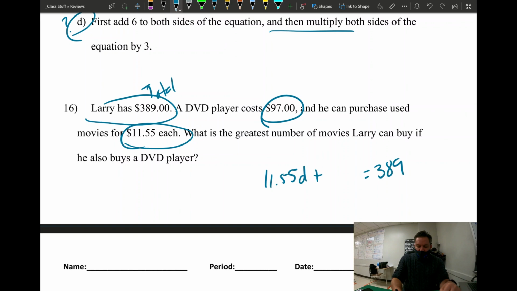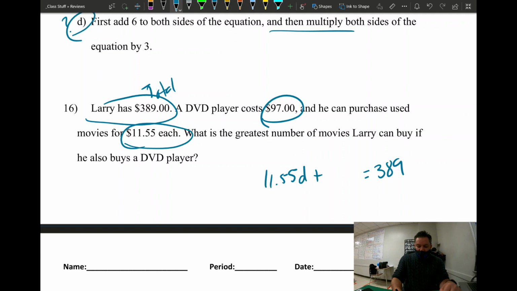First step, subtract 97. 389 minus 97 is gonna give you 292, and you're left with 11.55.